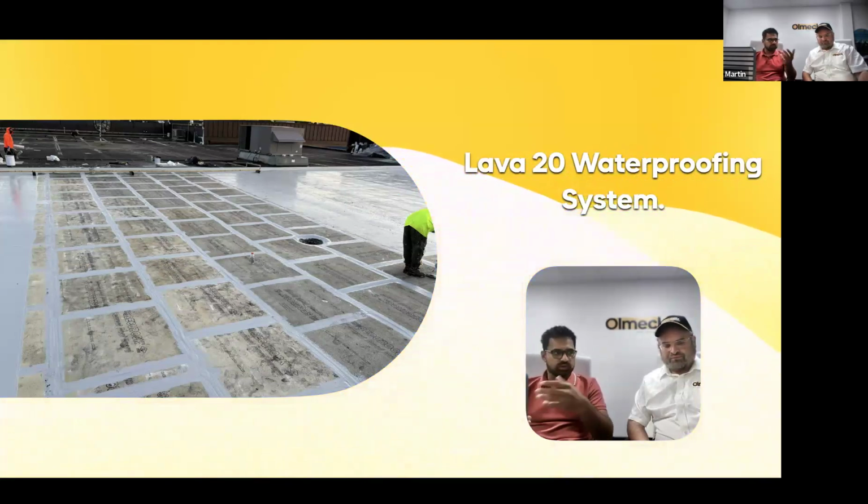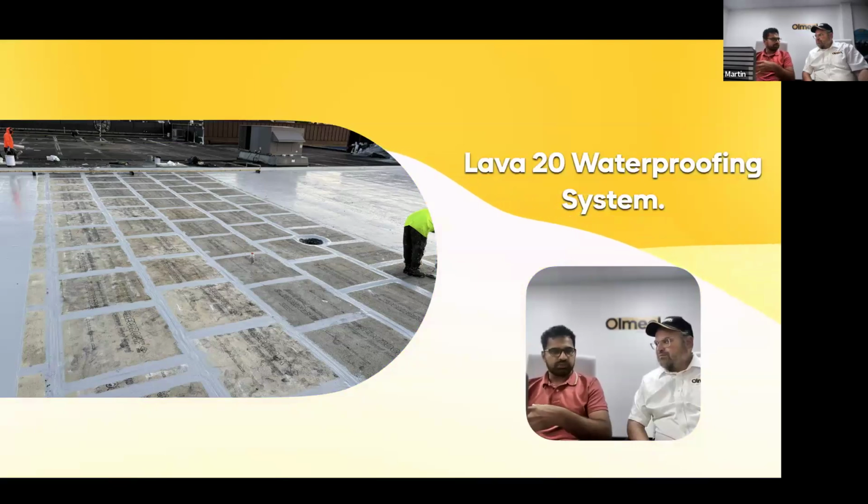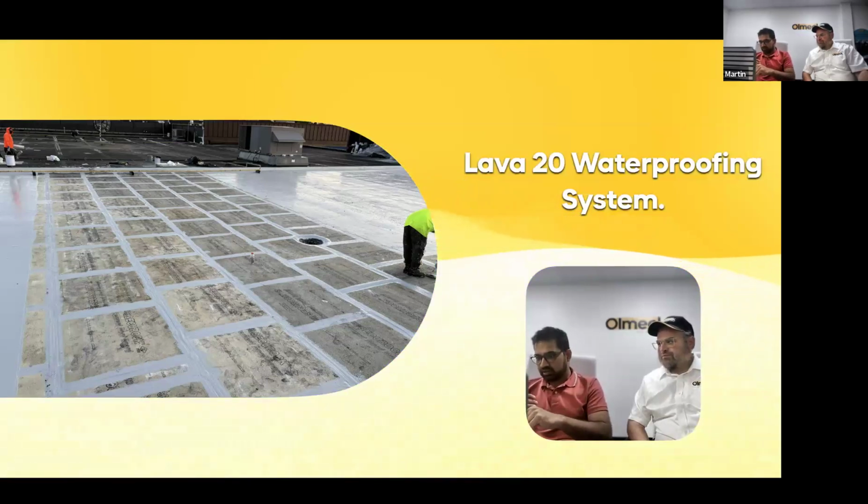And we mentioned that we're coming up with another roofing system, which will be designed for plaza deck systems. So our new system that we're bringing in very shortly will be basically a concrete deck, waterproofed with our liquid system for between 90 to 110 mils.